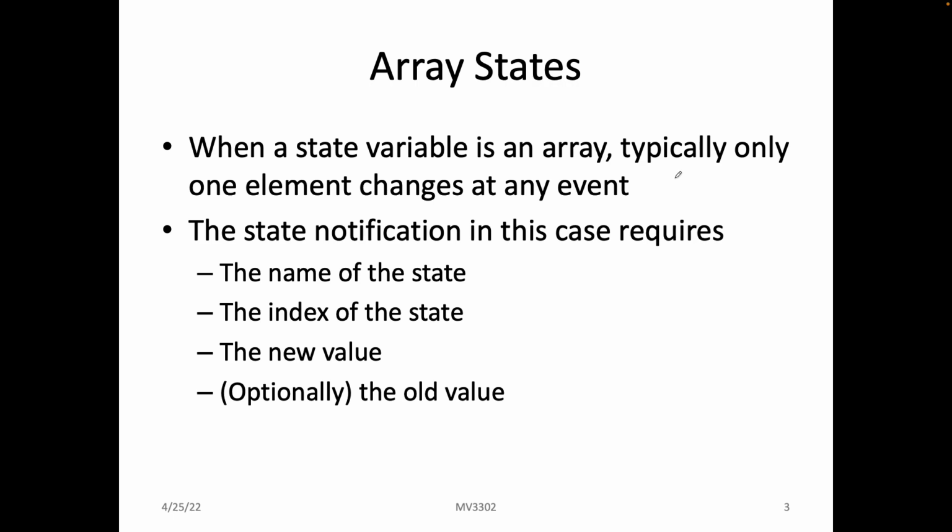I can't think of a single case where an entire array state variable was changed at once. Sometimes maybe if I'm initializing something and I clear everything out, but that's really more of an initialization than a true state transition.